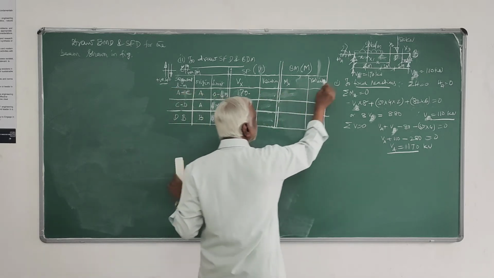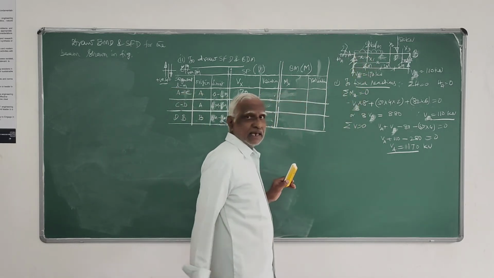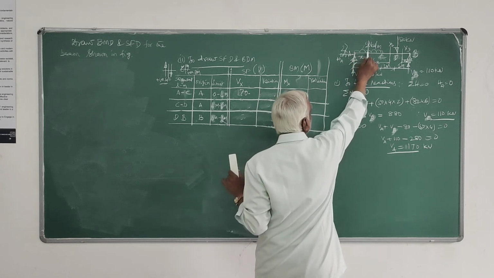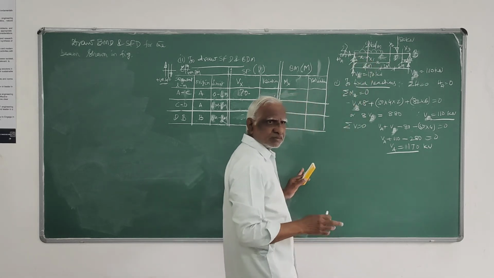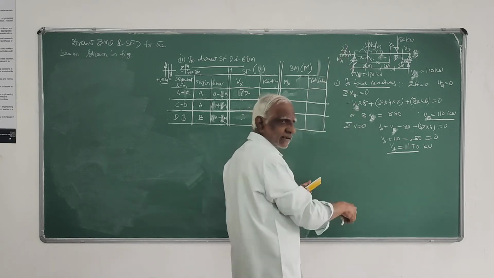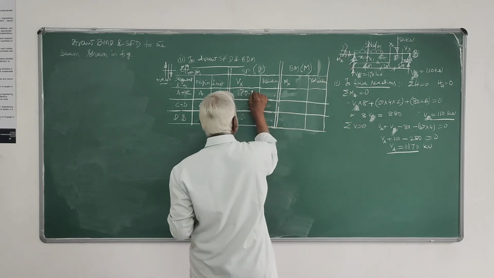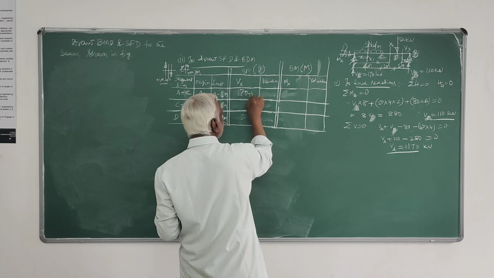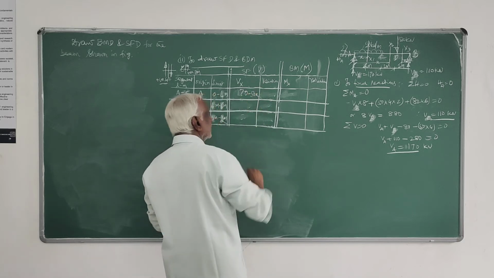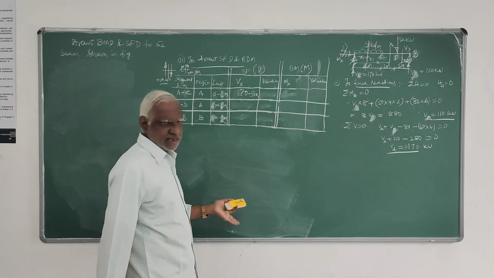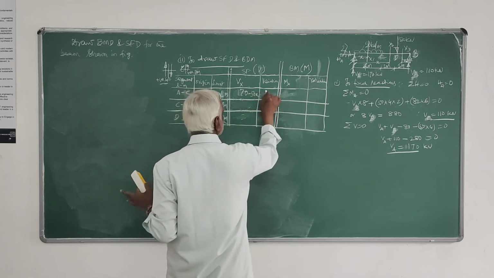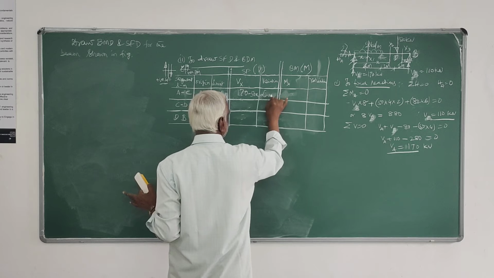Minus, then this UDL is there, 50 kilonewtons per meter for a length X, so it is 50 into X, acting down. So this is minus 50X. This is an equation of the form y equals mx plus c, so the variation is linear.